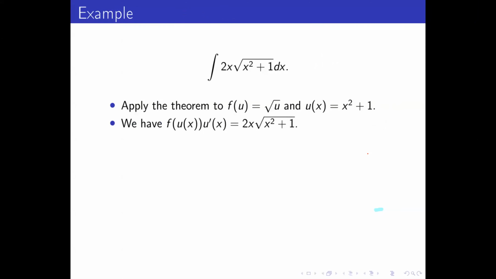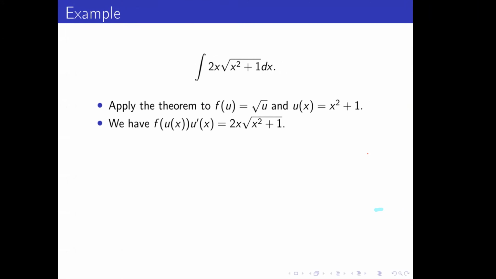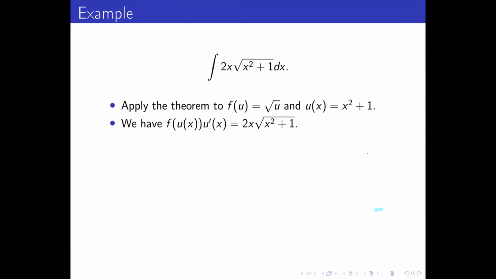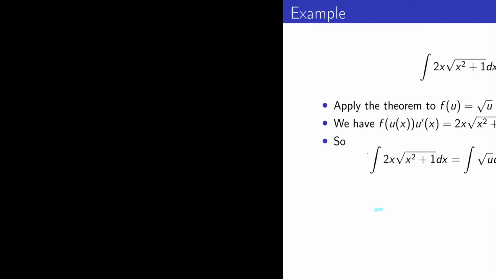So u prime gives you 2x, and f of u(x) is exactly square root of x squared plus 1. So now all you have to do is find the antiderivative of f(u) and put in the relationship u equals x squared plus 1.